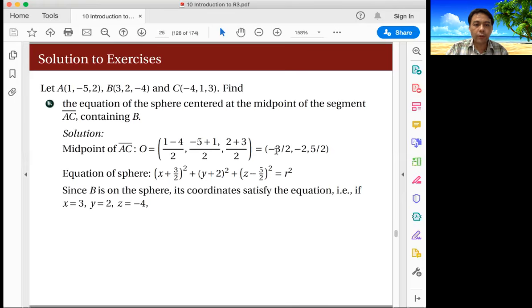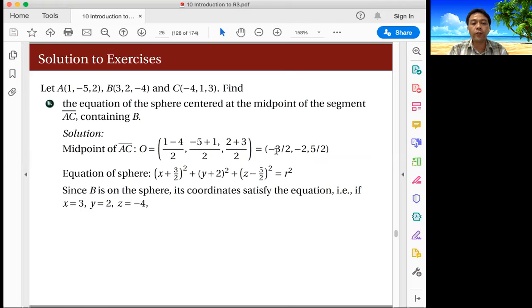Sorry, that's incorrect. We just need to get the radius of the sphere which contains the point B. So using the equation of the sphere, we get x plus 3 halves quantity squared plus y plus 2 squared plus z minus 5 halves squared. We don't know the value of r yet.